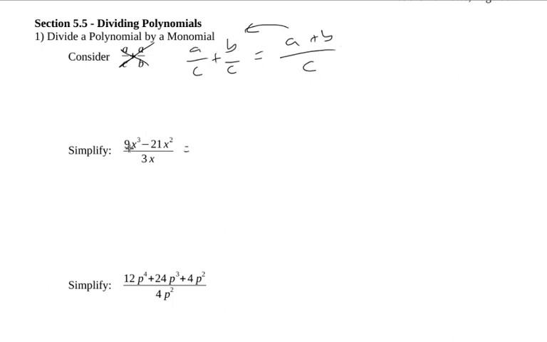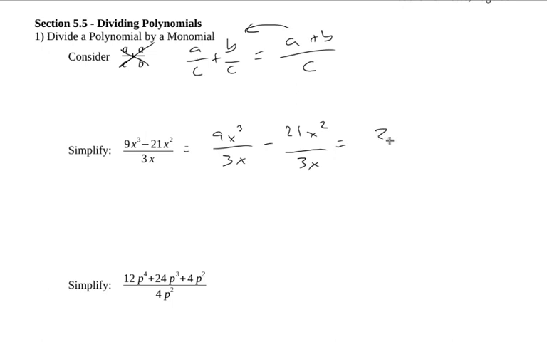So this 9x cubed minus 21x squared all over 3x, I would say that this is 9x cubed over 3x minus 21x squared over 3x. And in doing this, now I can reduce each of these fractions individually. You can see there's a common factor of 3.